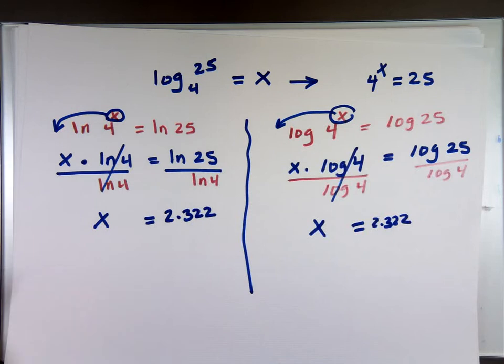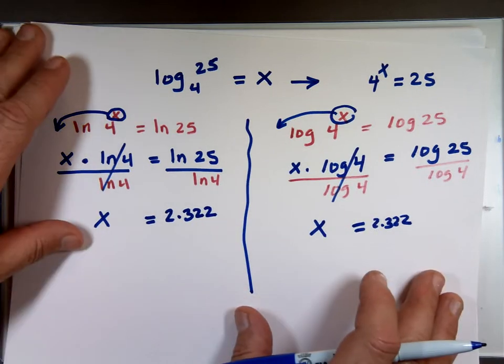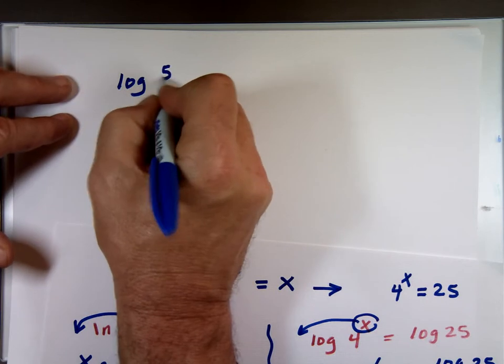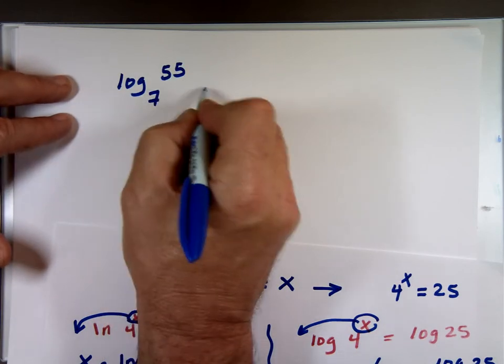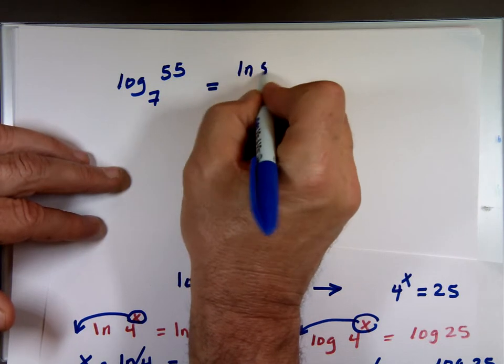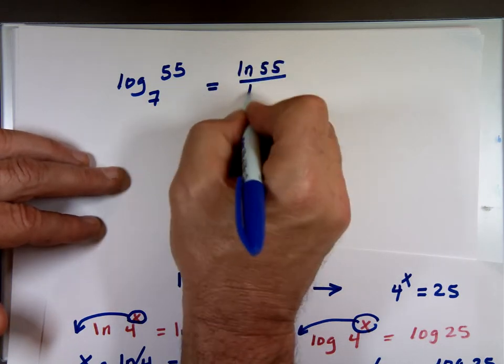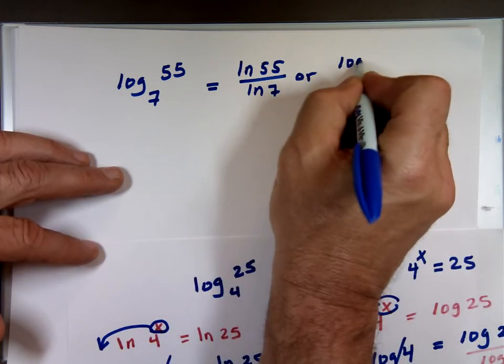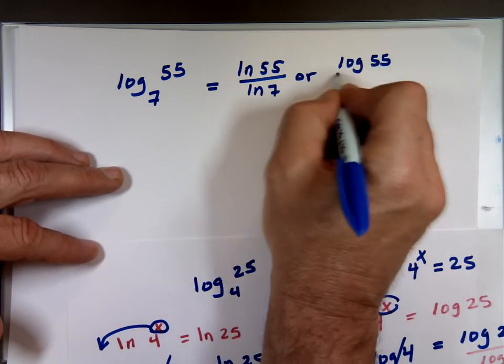So from now on, if you are given any problem, what is log 55 base 7? You can say, oh, I know what to do. It's the natural log of 55 over the natural log of 7, or the log of 55 over the log of 7.